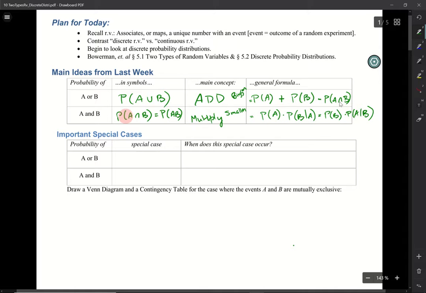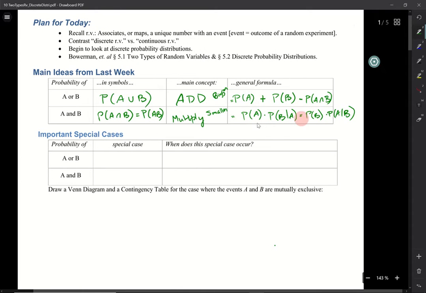So the probability of A given B would be this intersection divided by the probability of B, and this probability of B given A would be the probability of the intersection divided by the probability of A. And so remember, that's kind of how we got it. But one of the main reasons why we were looking at this conditional stuff is to kind of get that the intersection and is multiplying.